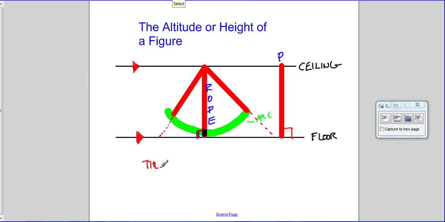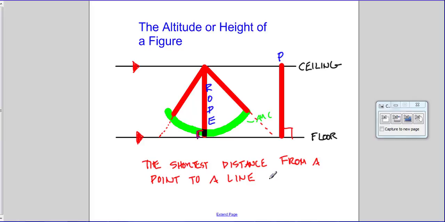So the shortest distance from a point to a line is the perpendicular line, which I've illustrated right here.